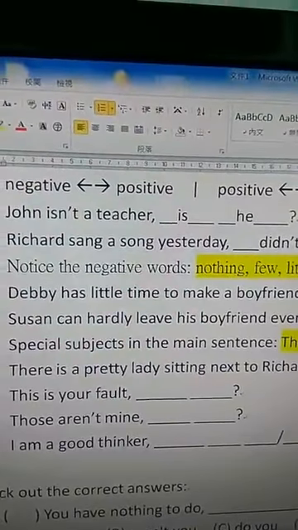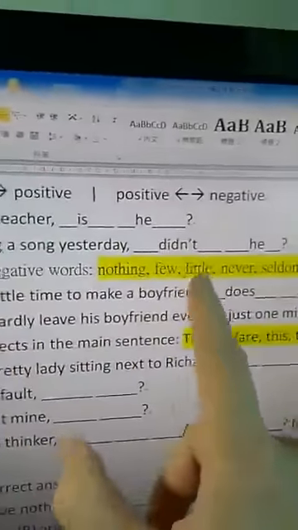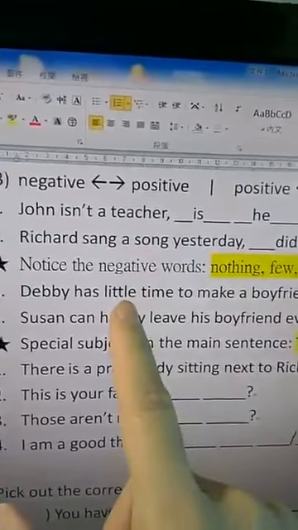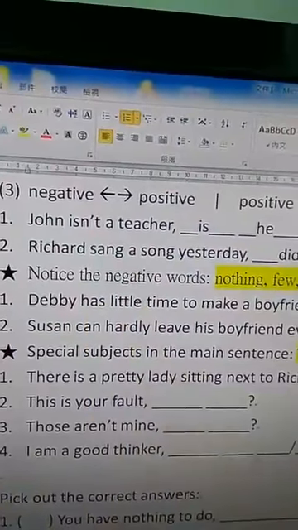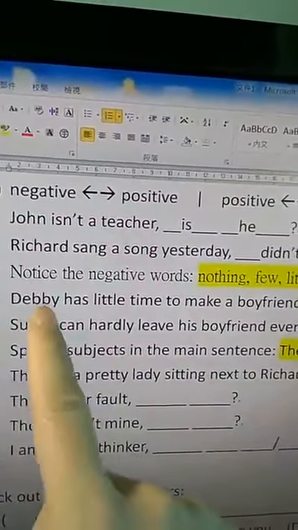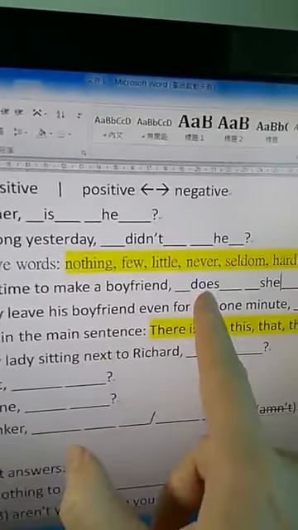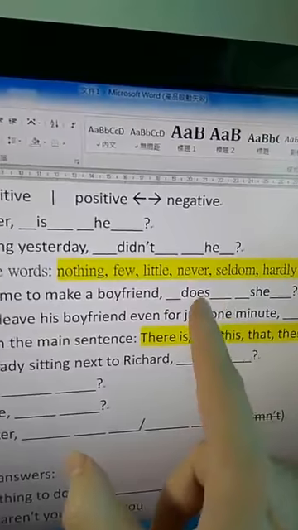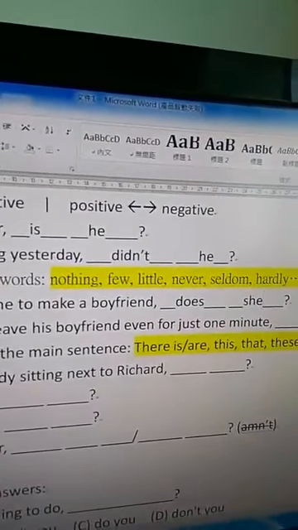Wow, you're so clever. Because little is a negative word. Like too little, right? Very little. So it's like a negative word here. So this sentence is a negative sentence. So I should use does here. Does she? Okay, so that's the way we use tag questions, okay?